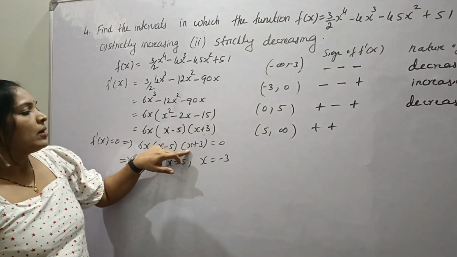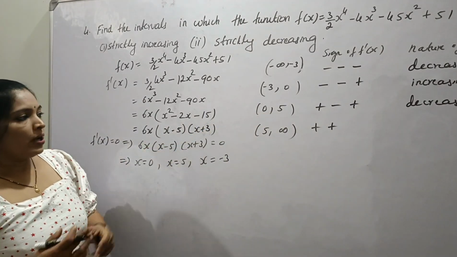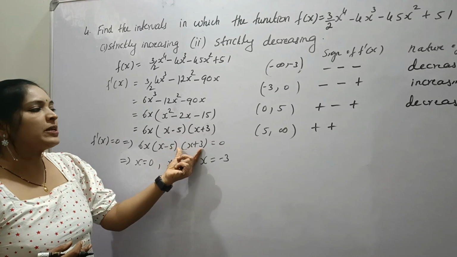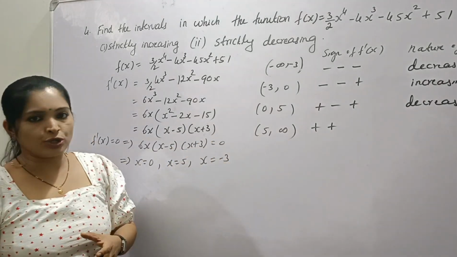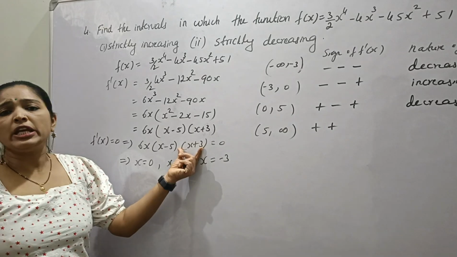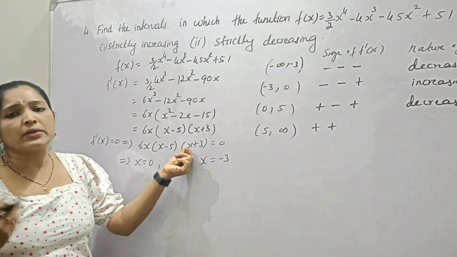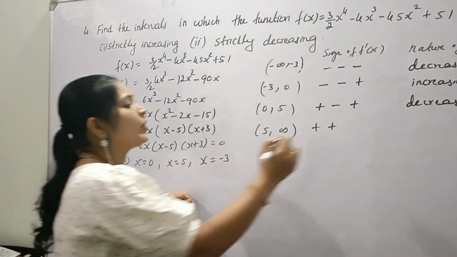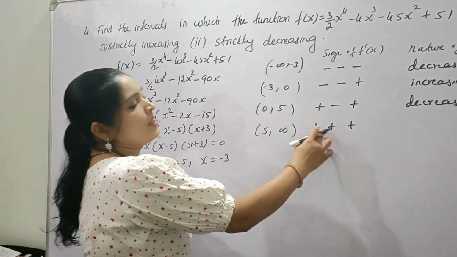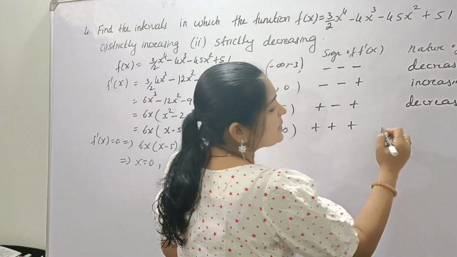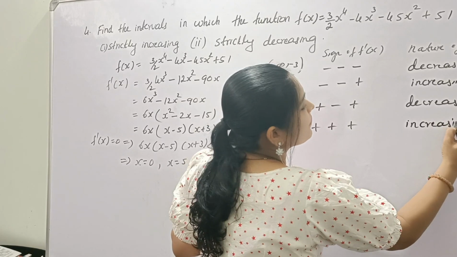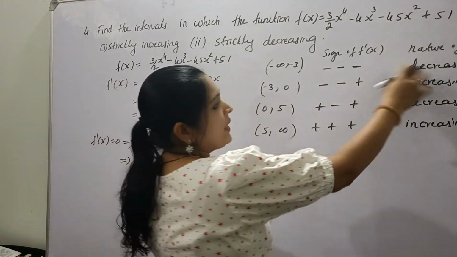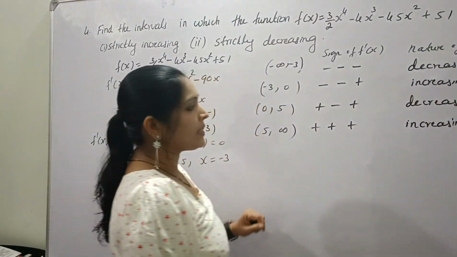We are going to substitute positive values of x, so we will get positive itself. Then plus into plus, all plus, that is greater than 0. So it is strictly increasing. Strictly decreasing, strictly increasing, decreasing, increasing.